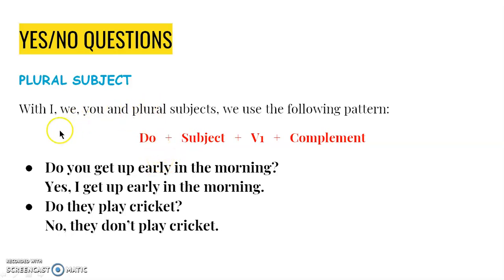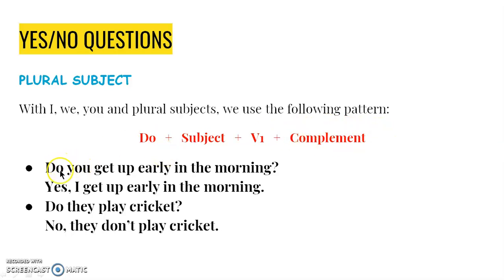So when you get the pronoun I, we, you or any plural subject, you have to take help of auxiliary do. Okay. So you have to start the question with do. And after do, you have to add the subject, then the V1 form, the simple present form of the verb, then the complement.